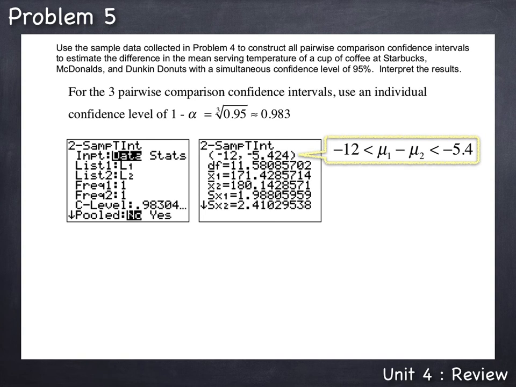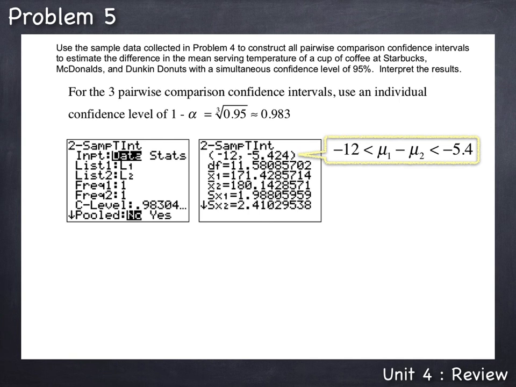Here, the lower limit of the interval is -12, and the upper limit is -5.424. You could use all these decimals, but if you want to round off, make sure you round off carrying at least one more decimal place than the accuracy we need in the problem.